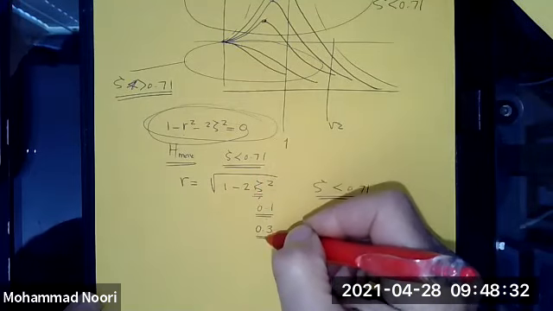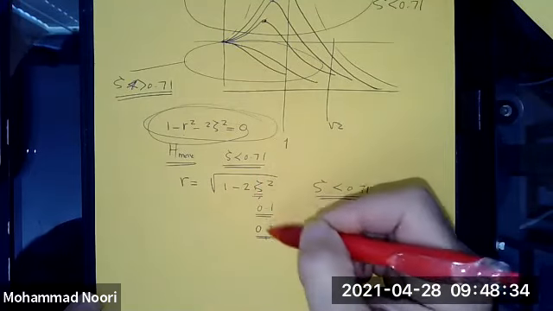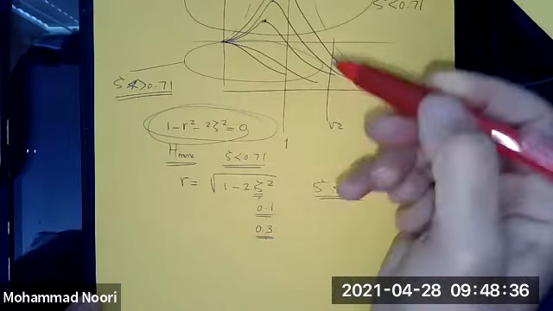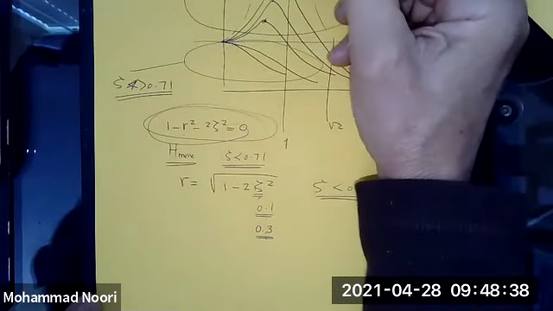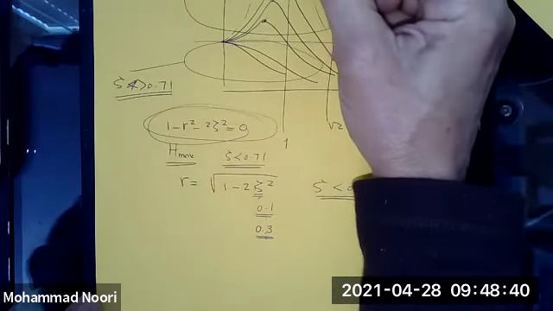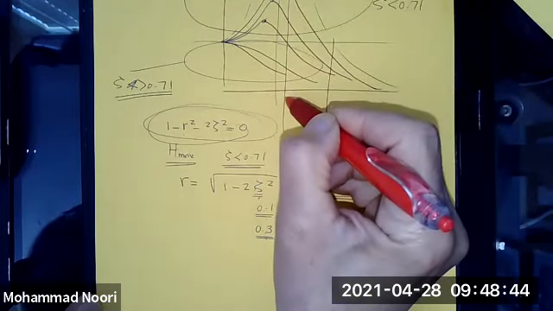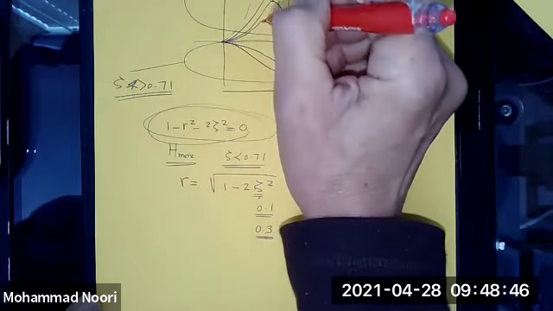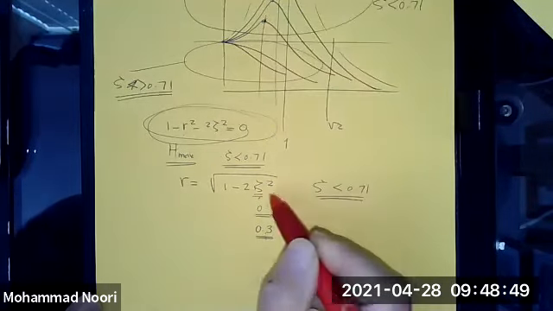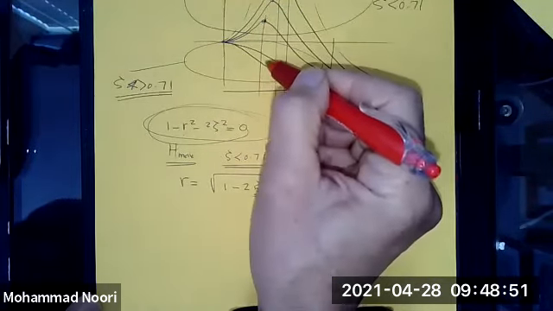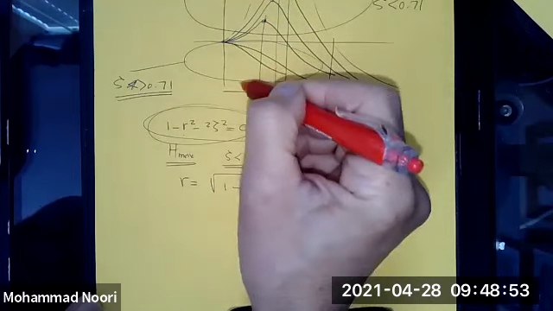If you put 0.1 or 0.3, that means the maximum value occurs at a point that is closer to R equal to 1. But as the damping ratio increases, the R value will decrease.